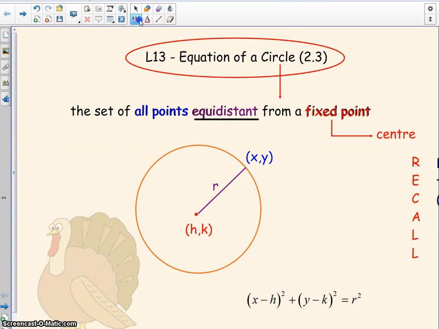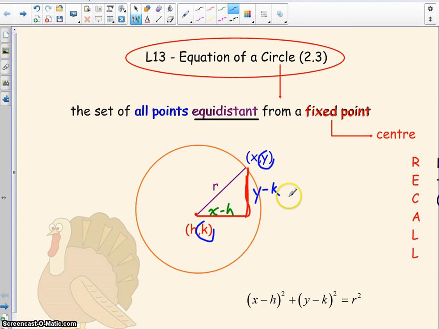So if we want to describe the distance between the center and a random point on the circle, we can look at what's happening to the x values and the y values. Looking at my x values, I'm going from h to x. The distance from h to x will be x minus h. Looking at the y values, my distance from k to y will be y minus k.